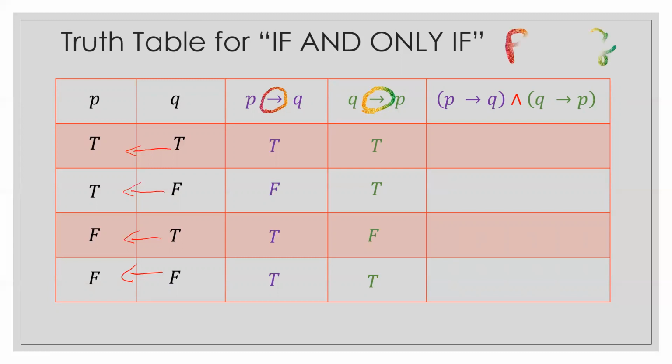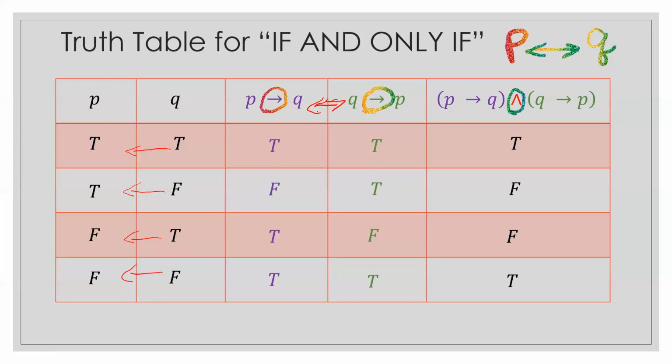The statement if and only if is the one with a double arrow, meaning we want to say and between these 2 combinations. So when you have an and statement, it is true only when both are true. So the truth values for the if and only if statement are true, false, false, and then true.